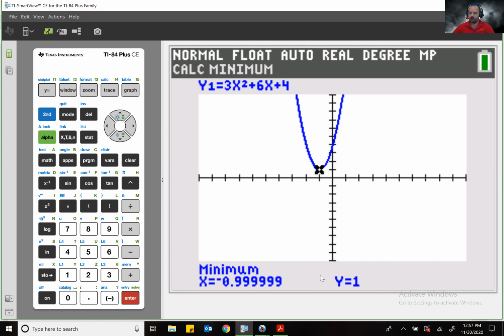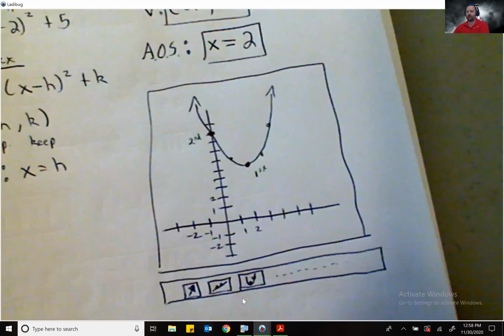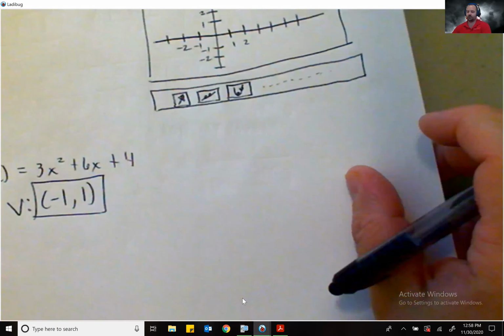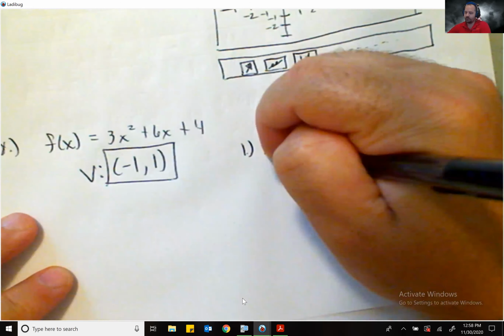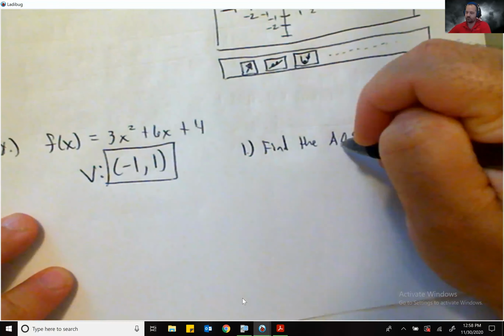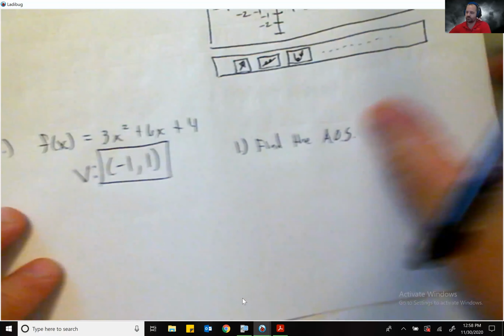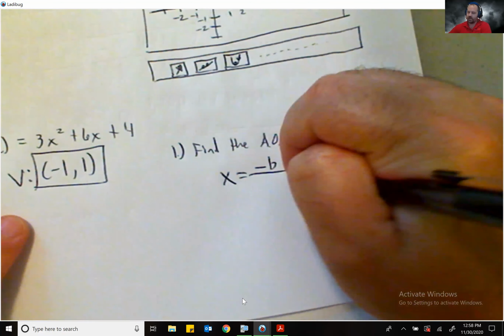Or you can use a formula. And the formula looks like this. Step 1, find the AOS, which looks like this. X equals the opposite of B over 2A.